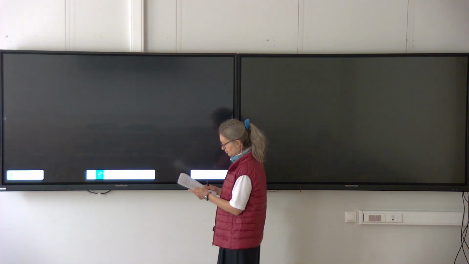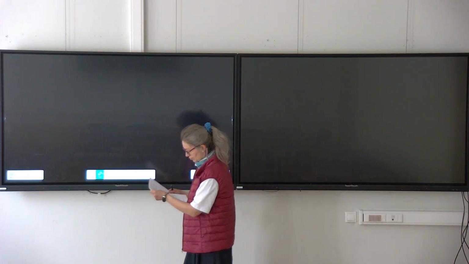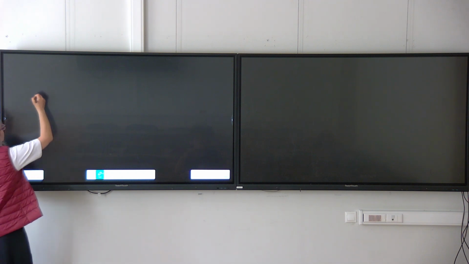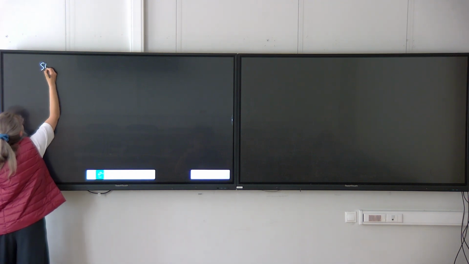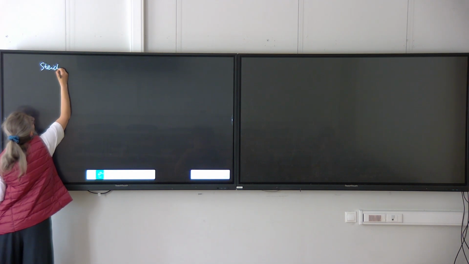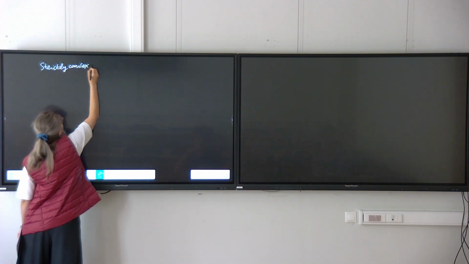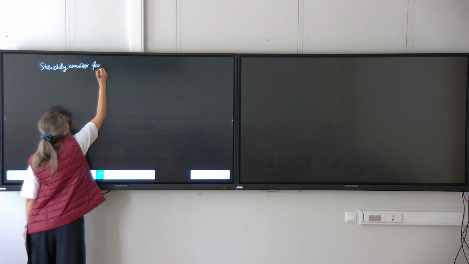Okay, and now to talk about ampleness in terms of support functions, we need strictly convex functions.